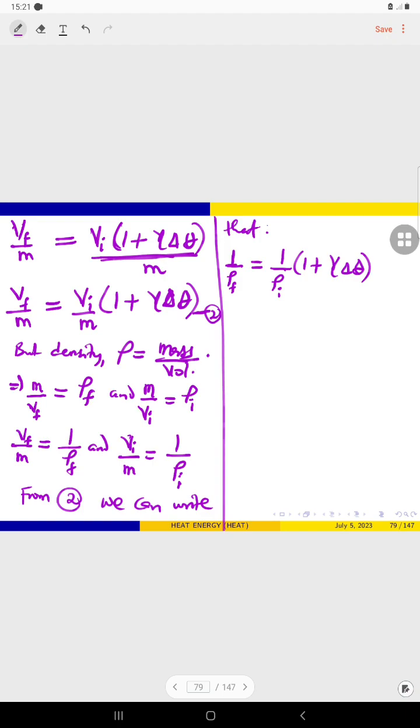And here, if you check the equation well, rho I has been made the subject. So when I cross multiply, I get rho I equals rho F (1 plus gamma delta theta). So that is the proof. That ends the proof. Very simple.